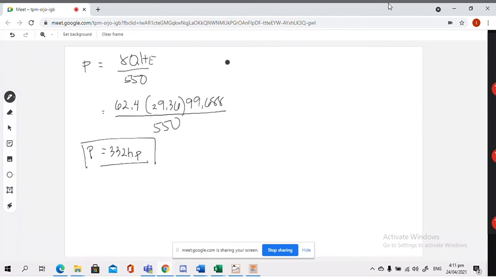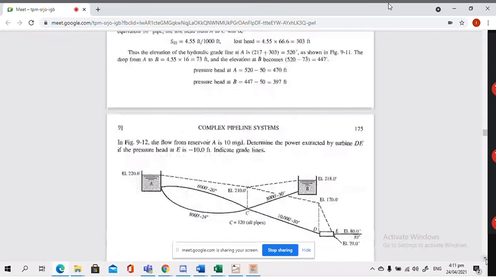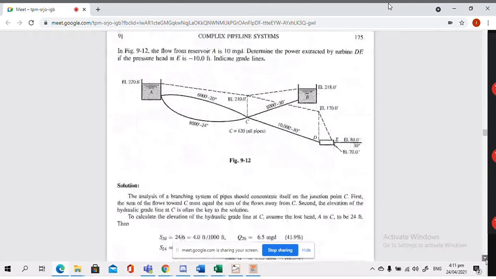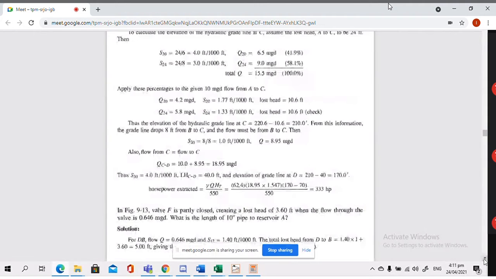To check if our answer is correct, the method in this book is that they use the table at the back of the book. Okay, so the answer is 333 horsepower.